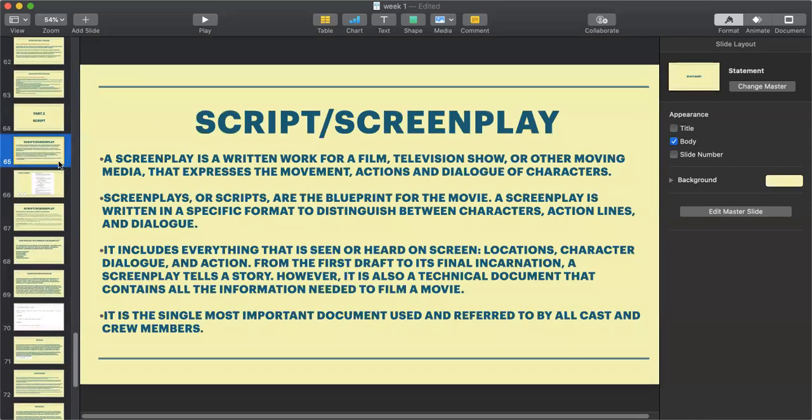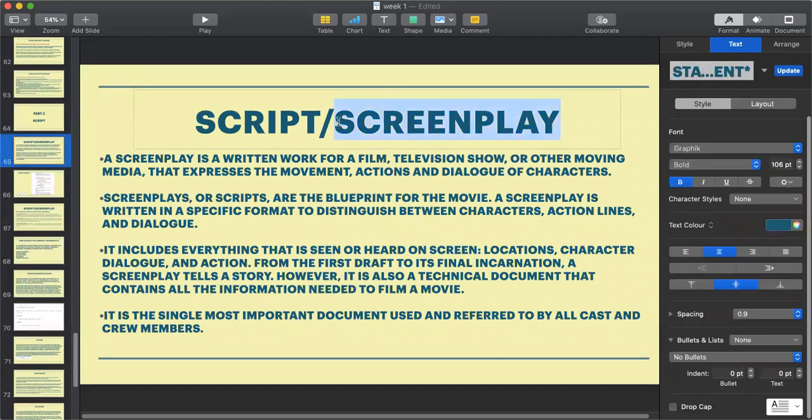Now, we will also mention it as screenplay. Basically, both of them in general are the same. There are some very small differences between these two words, script and screenplay, okay? Script is basically if you're writing any kind of story that you want to see in a film or television or anything.